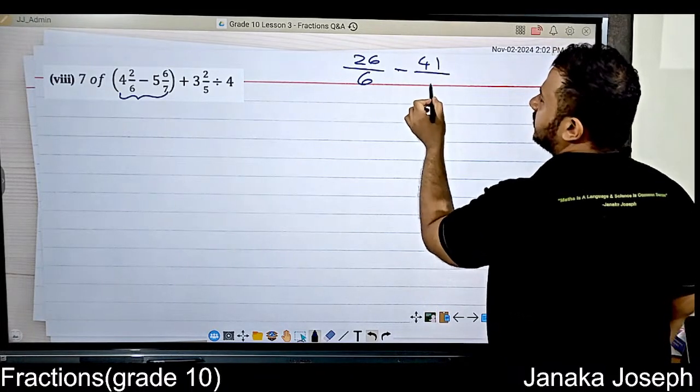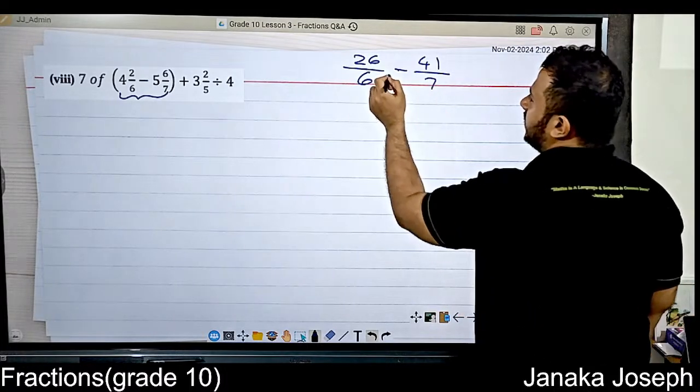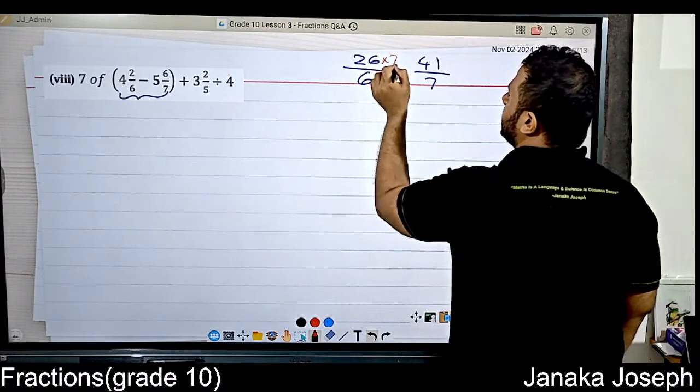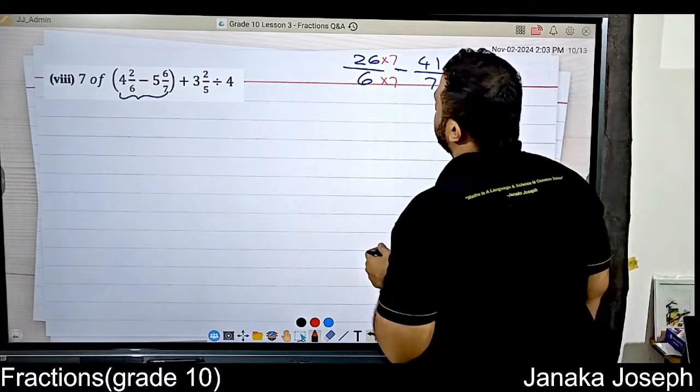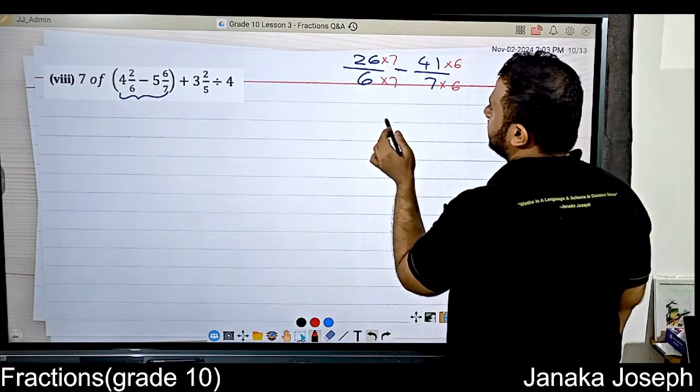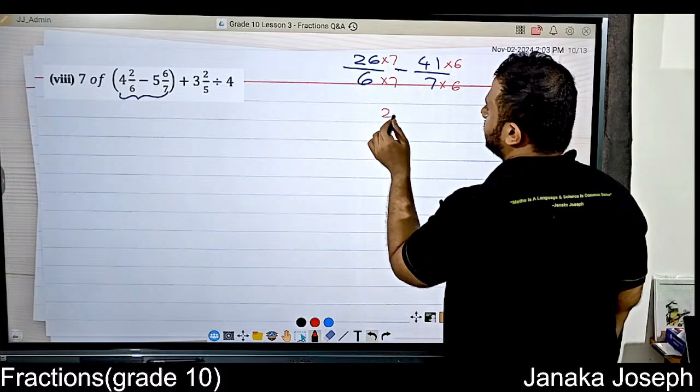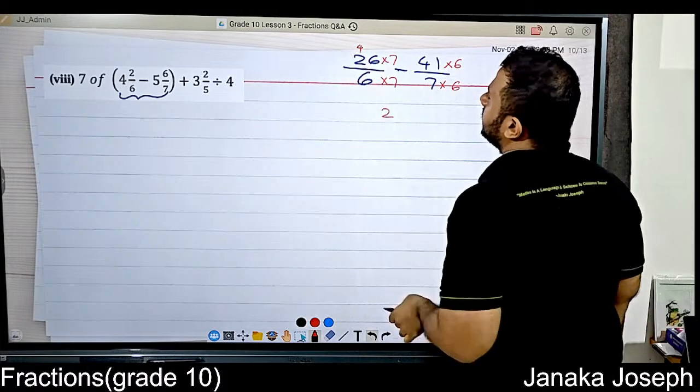41 out of 7. So multiply here by 7, multiply here by 7, multiply here by 6, multiply here by 6. And that will give you 6 times 7 is a 42. 4 comes to the neighbor.